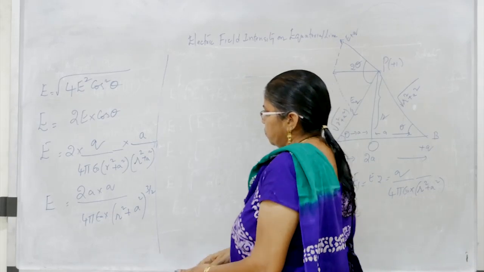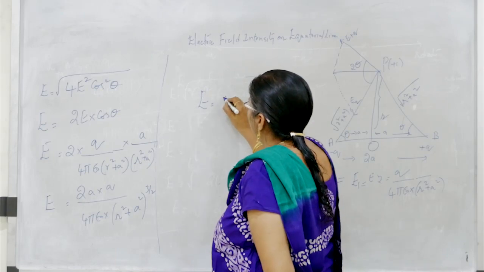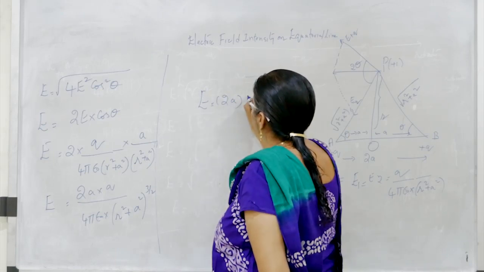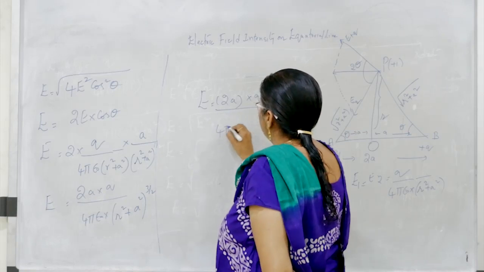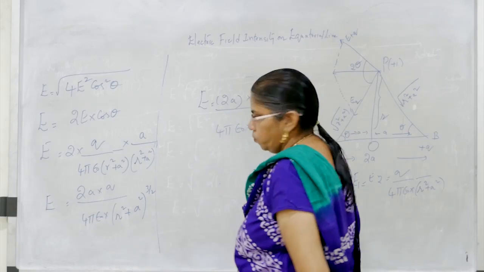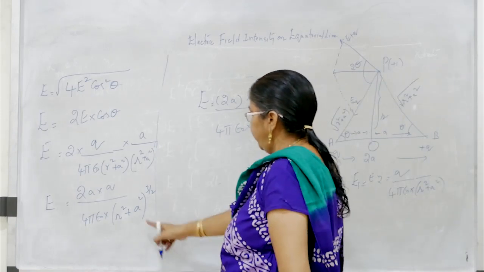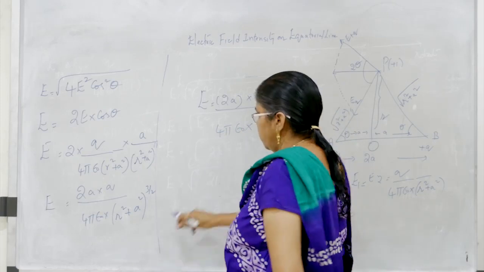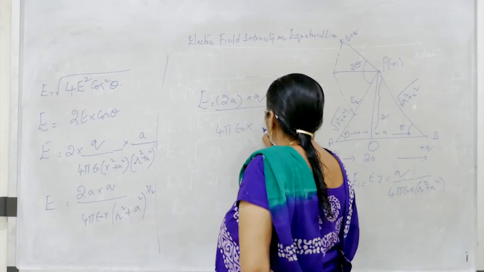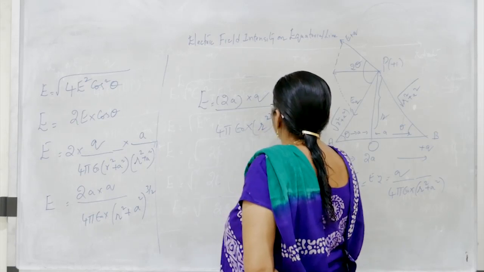So this gives E is equal to 2A into Q by 4 pi epsilon naught into R square plus A square whole power 3 by 2. So A is less than R, A is much less than R. So this becomes R square whole power 3 by 2, which means R cube.